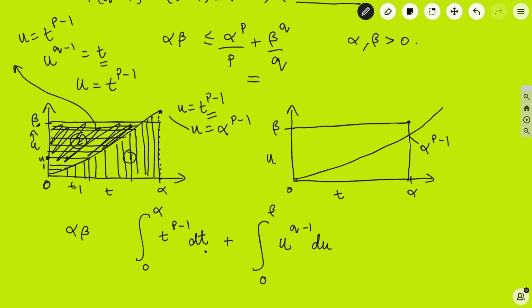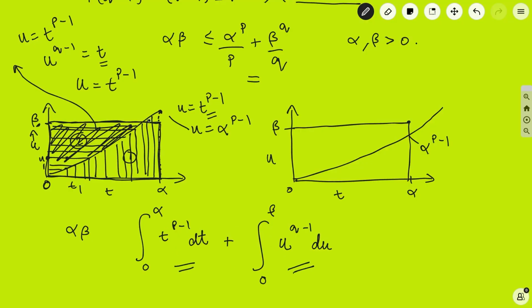Well, you have two integrals, basically two areas under the curves. If you just look at the figure, you can see that the area of the rectangle, which is basically alpha times beta, which is here, this much, the area under that is smaller than the sum of these two areas.